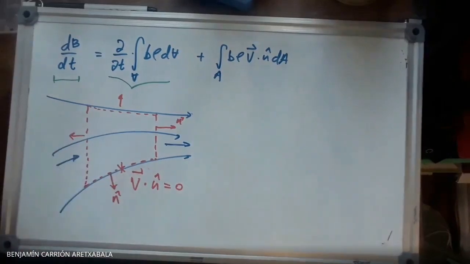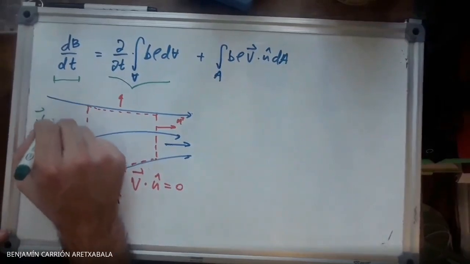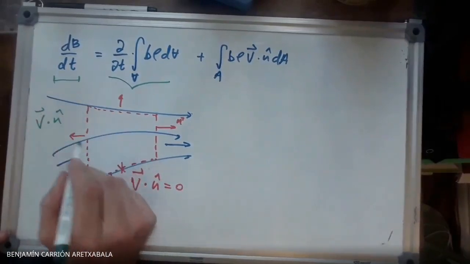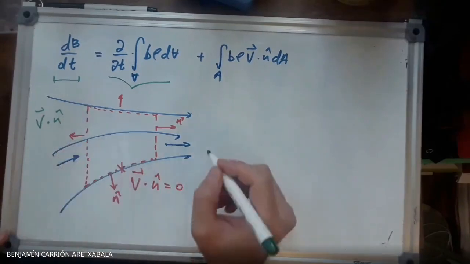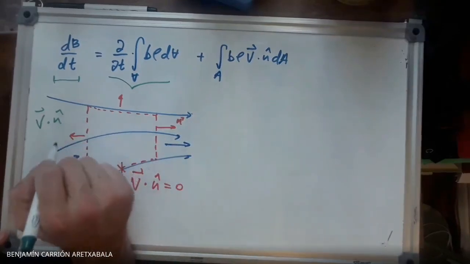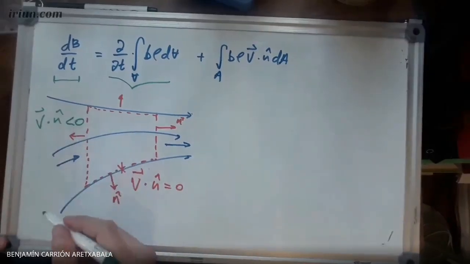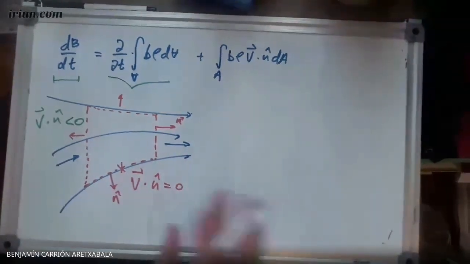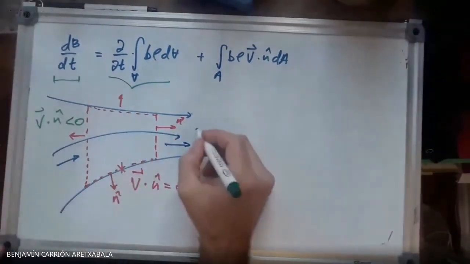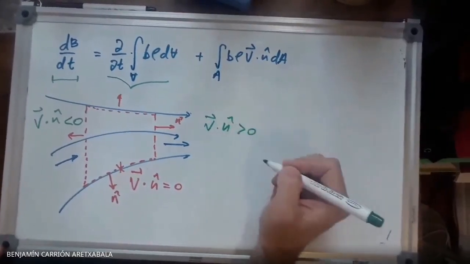So here, v dot n, which sign is it going to have? Negative. This is going to be negative. So everything going into your control volume, this is just a definition, is going to be negative.